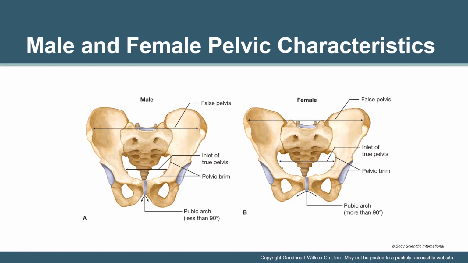If you compare left to right, male to female pelvis, some identifying markers: the inlet of the true pelvis, which is what you'd see if you were looking down into your pelvic bowl. This is the measurement of that opening. The female will have a wider one, but also a wider pubic arch, in order to be able to deliver the baby.